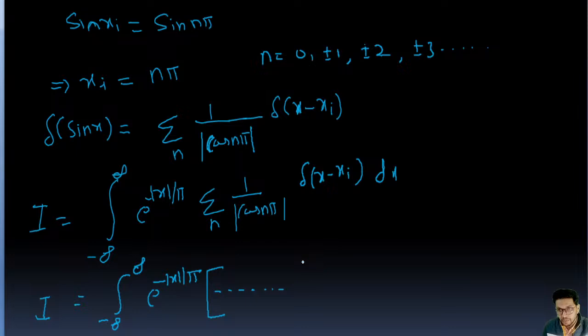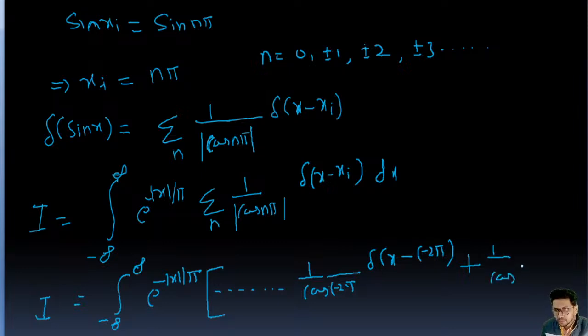So we'll write n equal to minus 2, this is going to be 1 upon cos of minus 2 pi, mod, delta x minus minus 2 pi, plus we'll write n equal to minus 1, so it is going to be 1 upon cos of minus pi, mod, delta x minus minus pi.